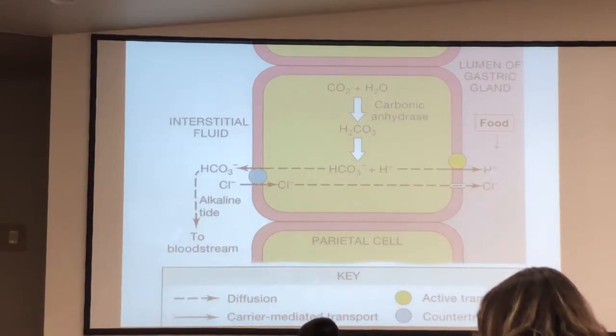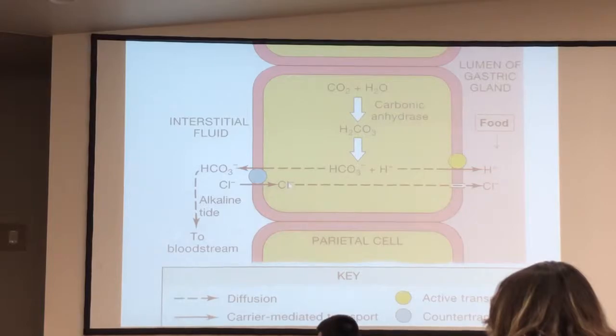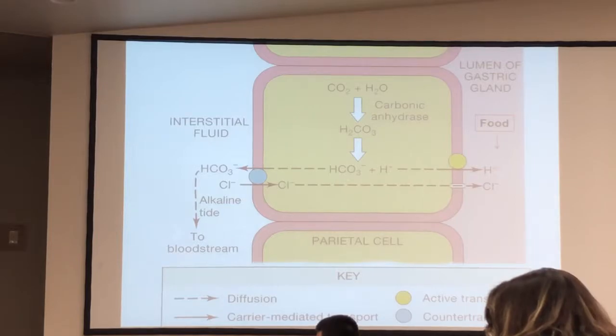And because HCl is so strong, it cannot form inside. HCl cannot form inside the cell. It will kill the cell. So how do they do it? 2 steps. One is to send out hydrogen ion, and the other is that bicarbonate ion is sent out and chloride is sent in, another chloride shift. In respiration in the lung, when we talk about carrying the CO2, it's also the same.